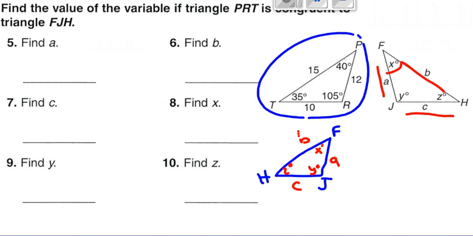All right, so I can find over here, number 5, I can find A, which matches up to 12. I can find B. B is right here, which matches up to 15. And then C is going to be 10.